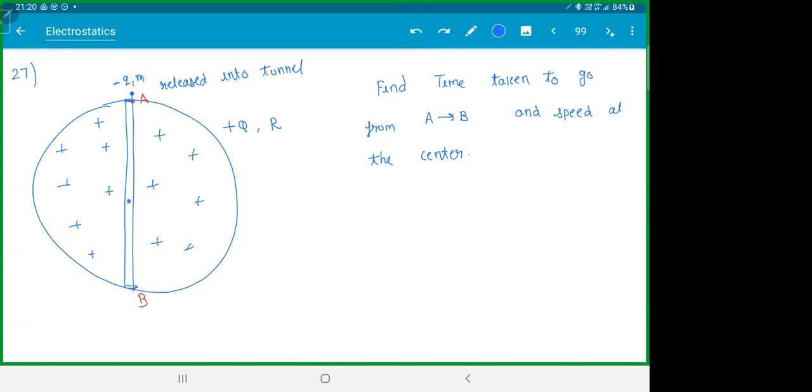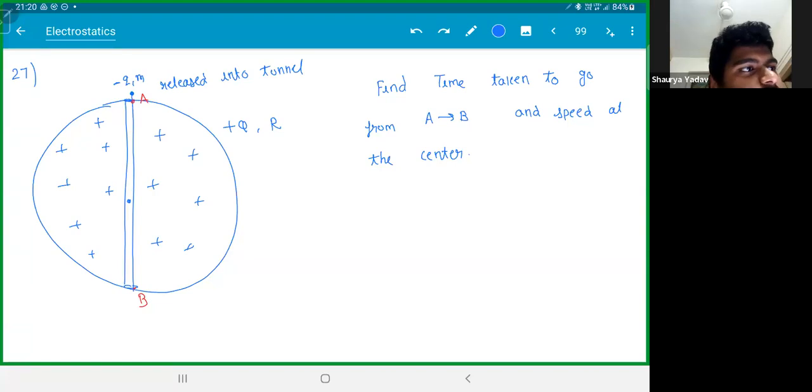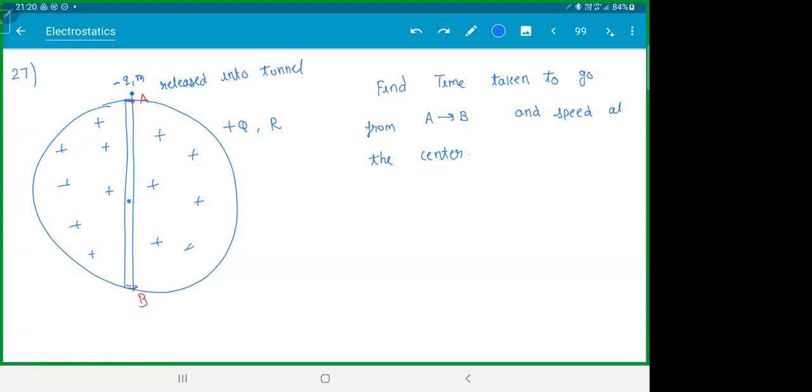Try. I'll give you a minute or two. But it will have some velocity, so it will go away. Who will have velocity?